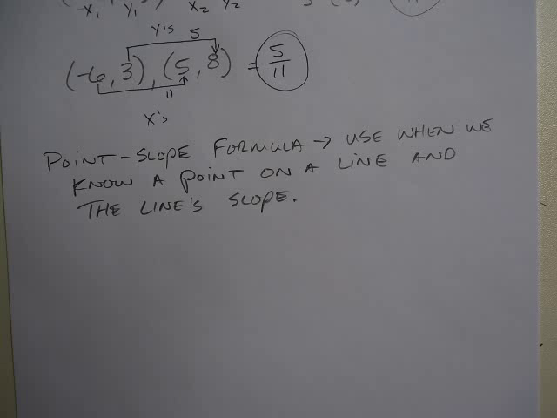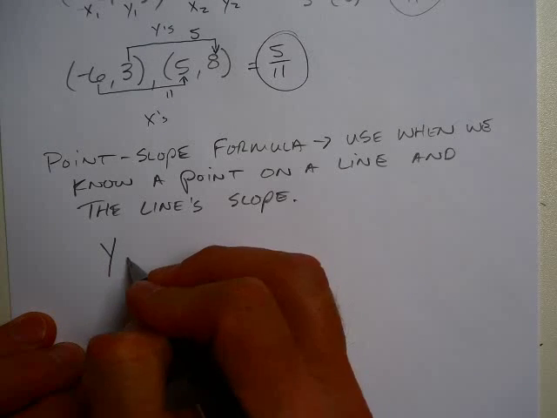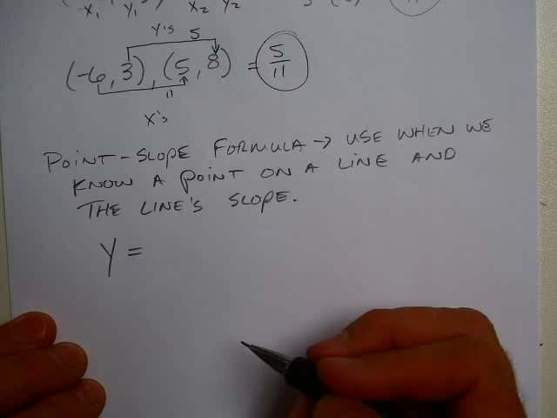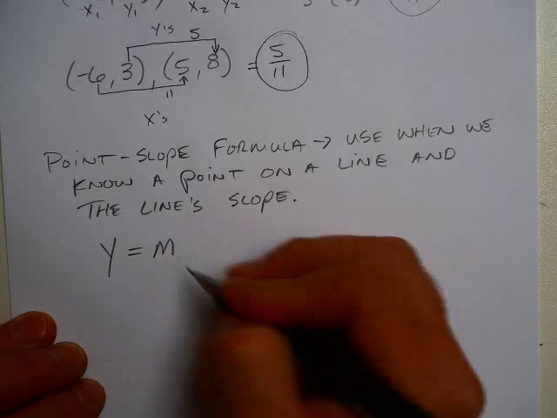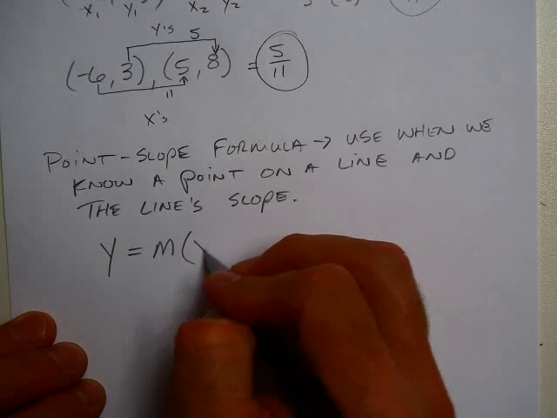So let's look at this. This formula is y equals m. What's m? Slope, good. Times x minus x1 plus y1.